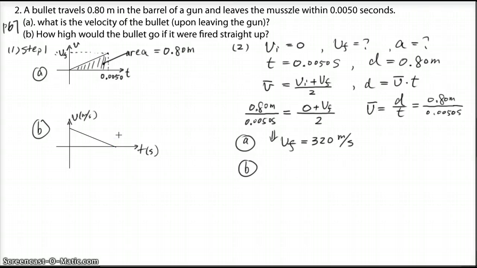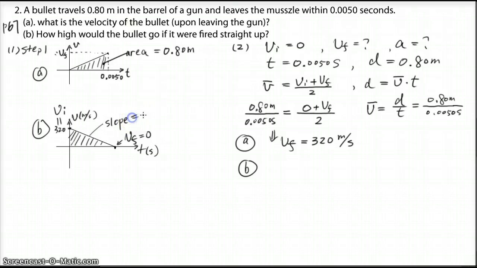So the question is asking how high, and it must be asking for the area, right? So let's label the 320 here as the initial velocity, and the final velocity is going to be 0. And also you need to know the slope.